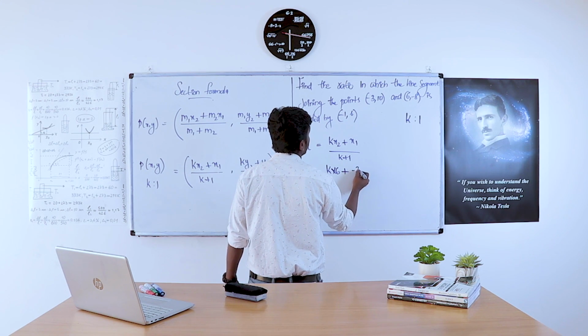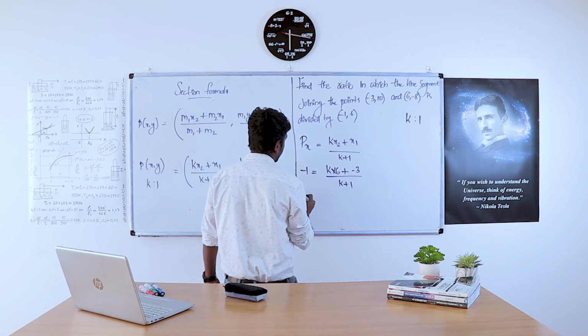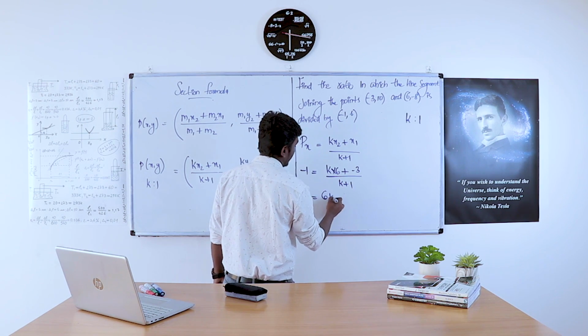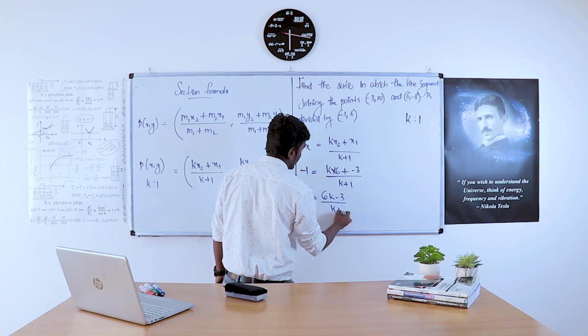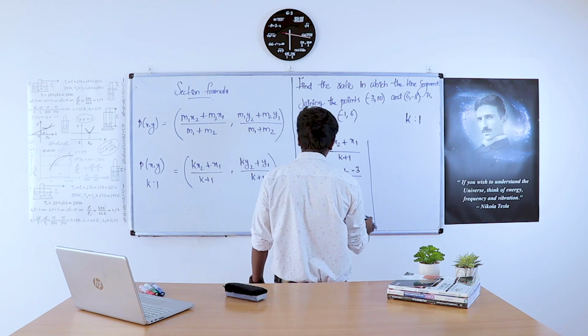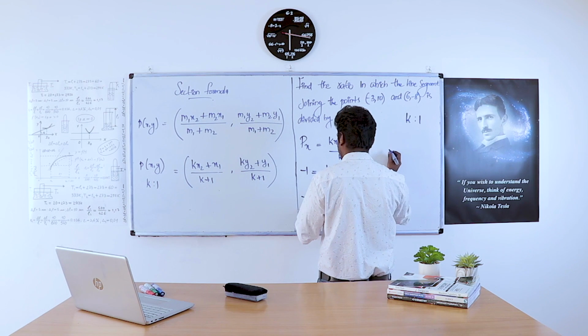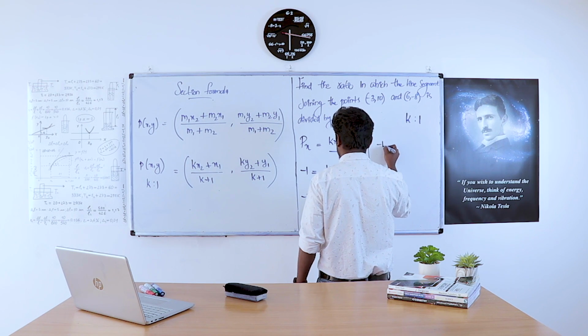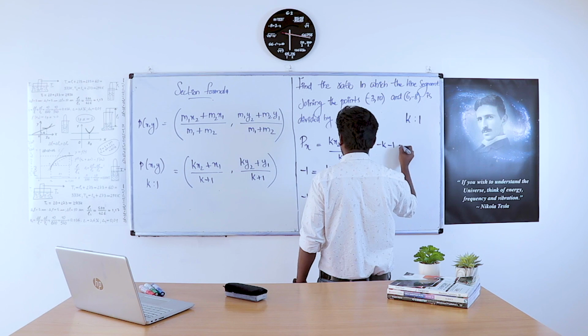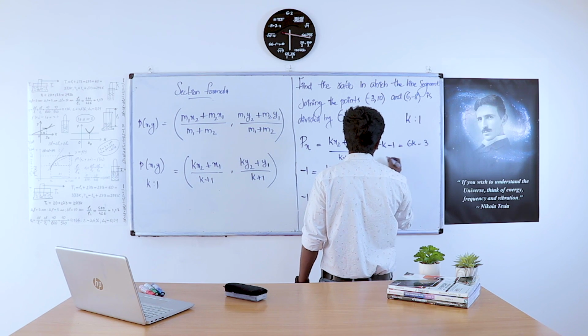What is x1? It is minus 3, over k plus 1. That is, minus 1 is equal to (6k minus 3) by (k plus 1). So when we cross multiply, k plus 1 into minus 1 is equal to 6k minus 3.